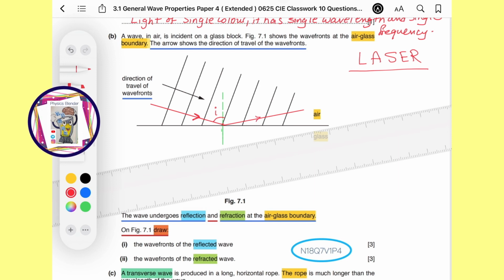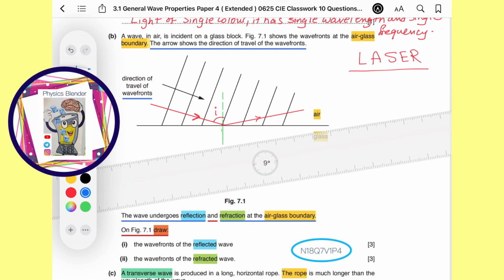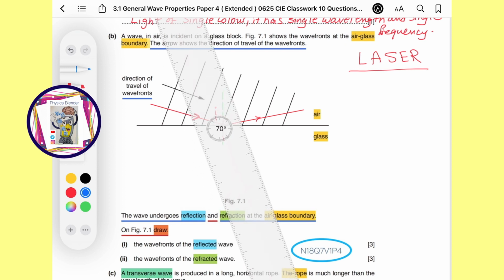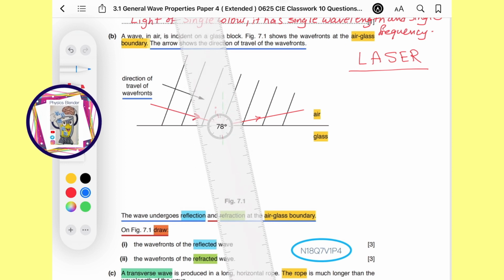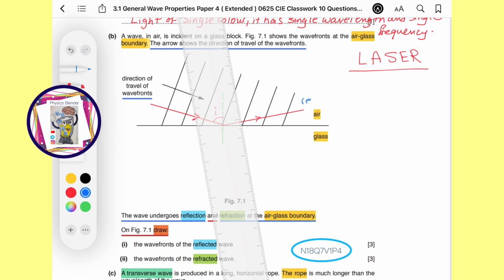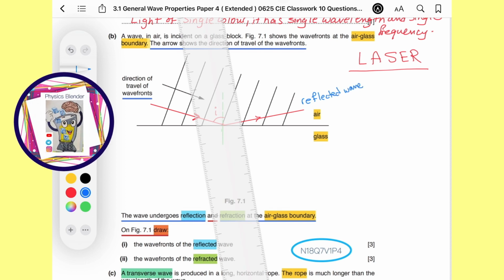Still, we didn't draw wavefronts. Wavefronts are perpendicular to the direction of wave travel. So this is the direction of the reflected wave.